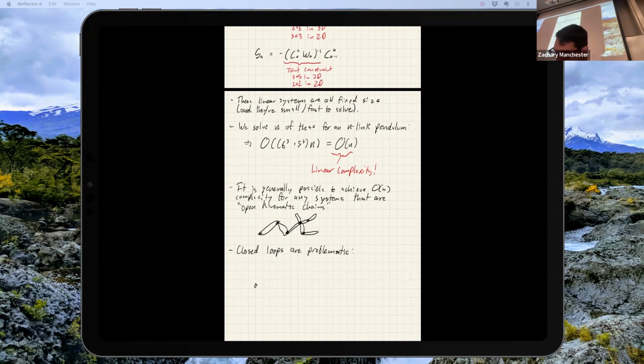What I mean by closed loop is if I have, say, something that looks like this. I could have weirder stuff over here, but if I come back around and connect back over here to a parent link, that forms a closed loop. That is bad. Why is that bad?